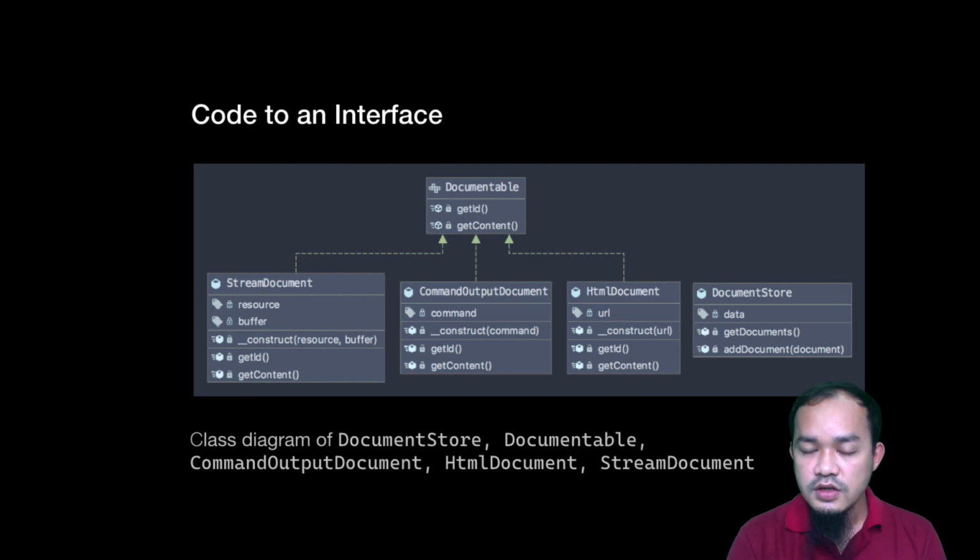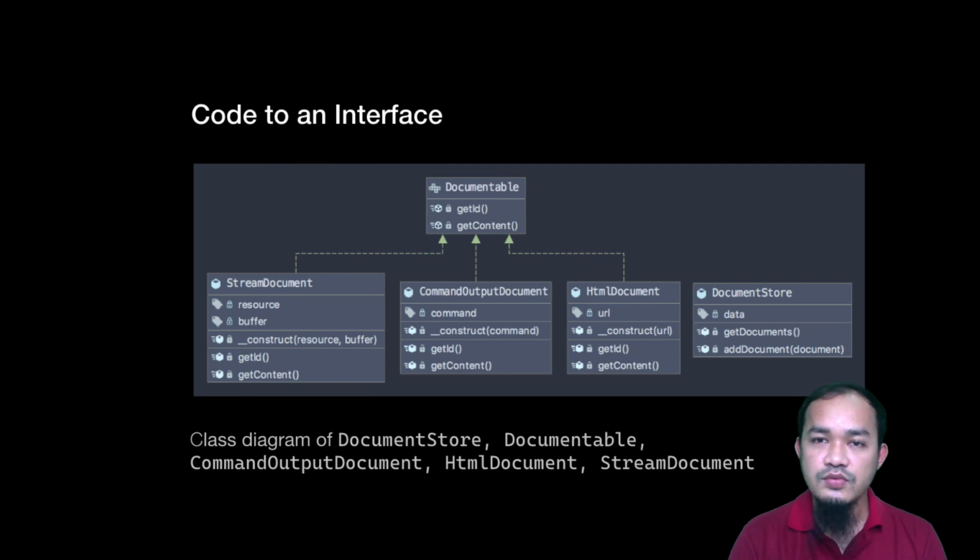So in its own getID and getContent, they write another way of how to retrieve HTML. Here they try to retrieve HTML, a string or file text, or command output from the document. So they serve different purposes and different objectives, but they share the same function.